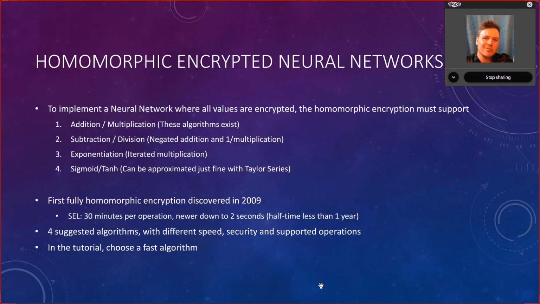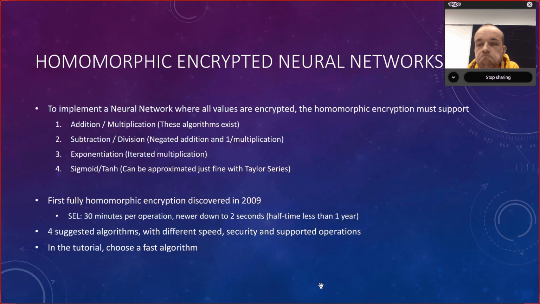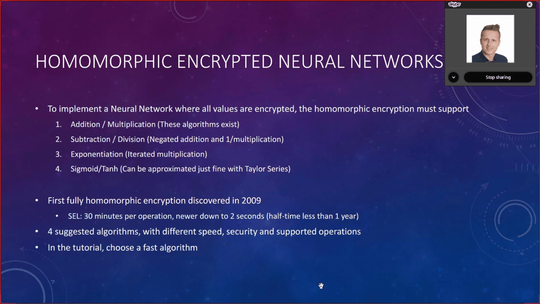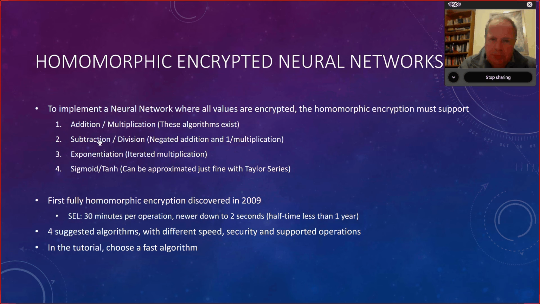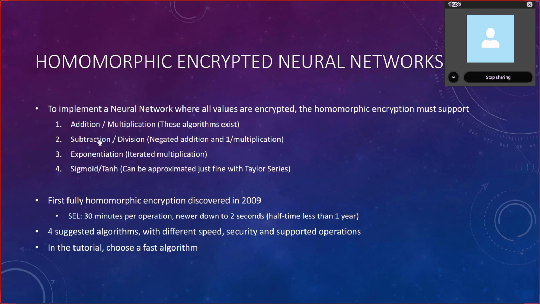I remember the homomorphic encryption idea is from 2010. The first algorithm supported addition and multiplication, and addition and multiplication is not enough to build a neural network. You need to have some more operations to be able to do that.